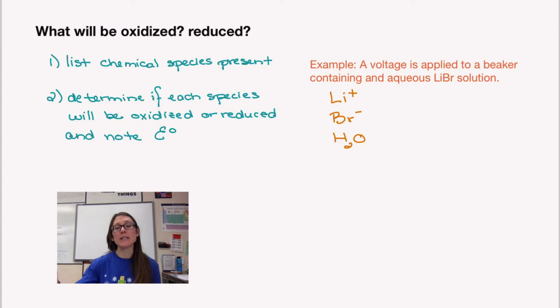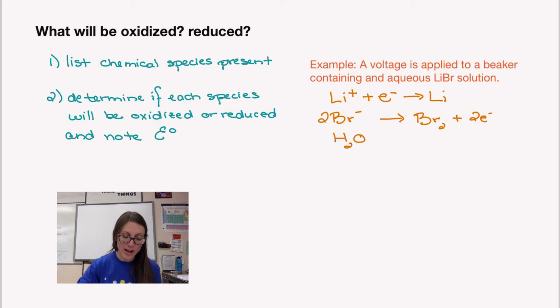That means it's going to be easier for that lithium to gain an electron and be reduced, forming elemental lithium, than it would be to remove an additional electron. On the contrary here, bromide has a negative charge. It's going to be more achievable to remove that extra electron and oxidize the bromide, forming elemental bromine, and I am going to make a note that I will have to add 2 bromines in order to balance my equation.